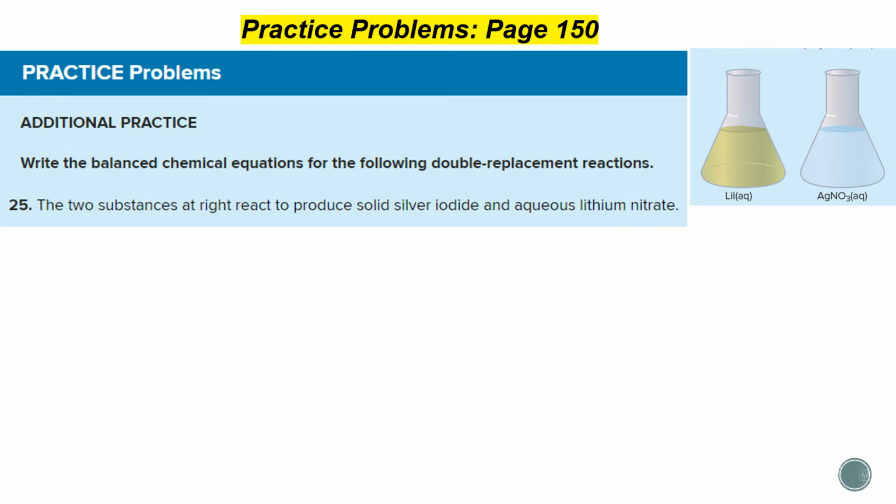So let's do this problem, guys. Write the balanced chemical equations for the following double replacement reactions. The two substances at right react to produce solid silver iodide and aqueous lithium nitrate.